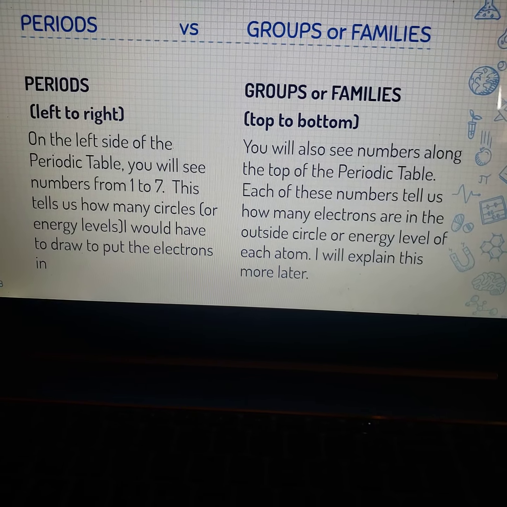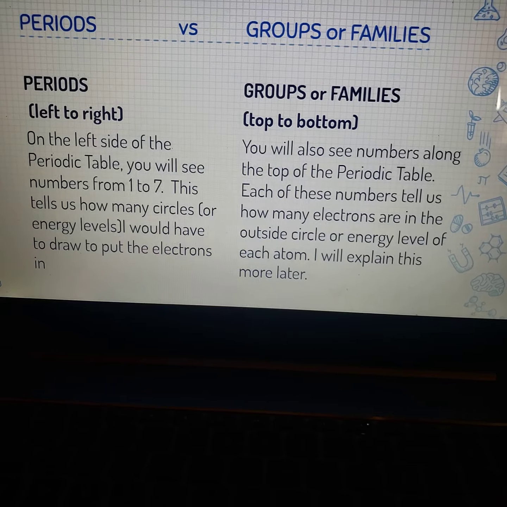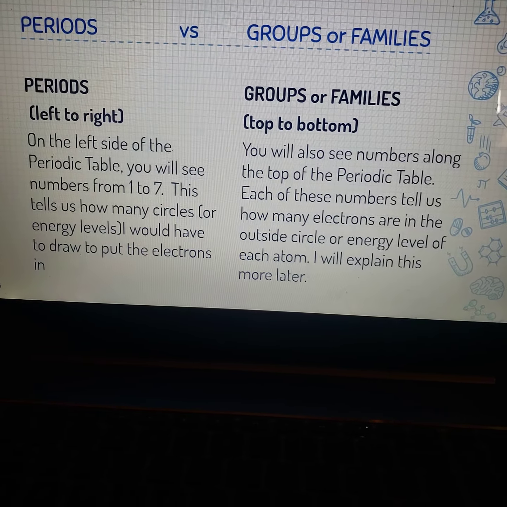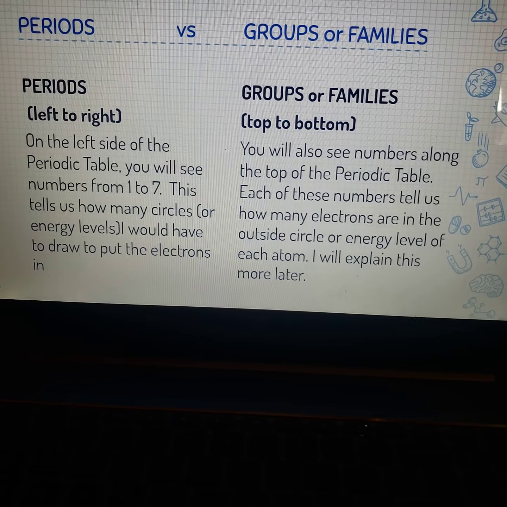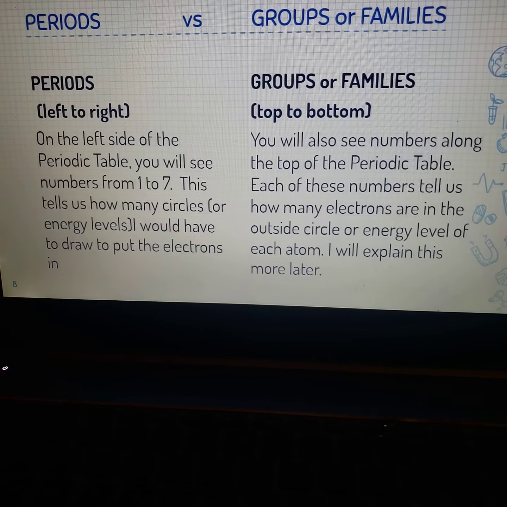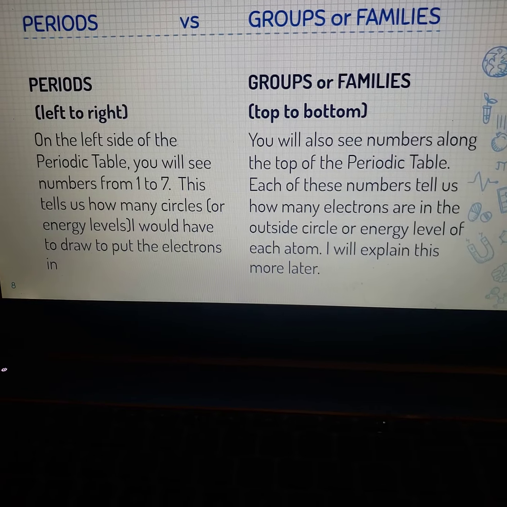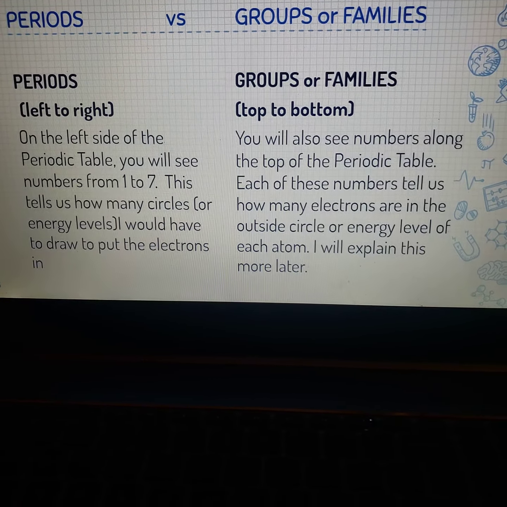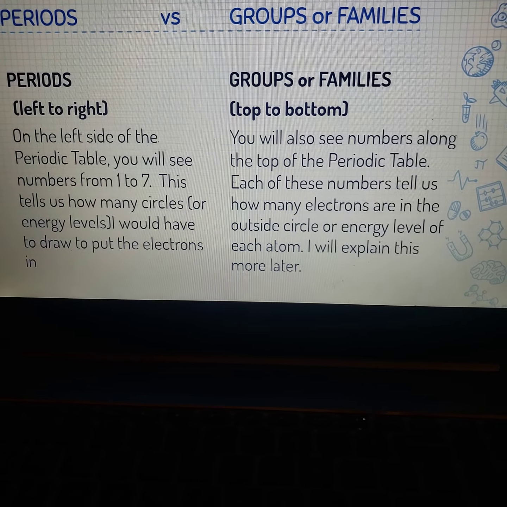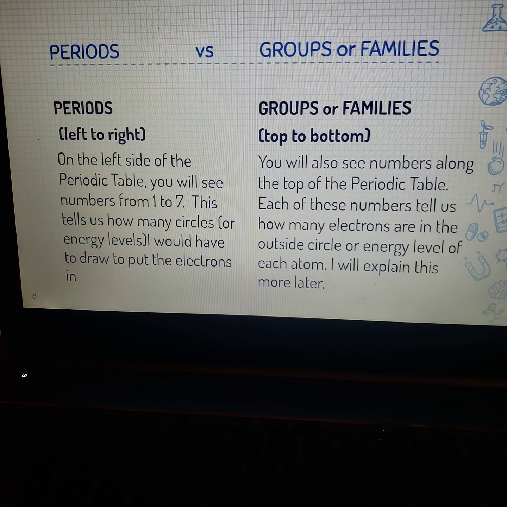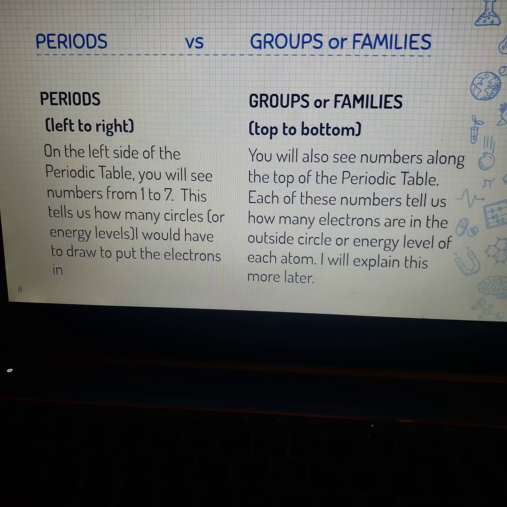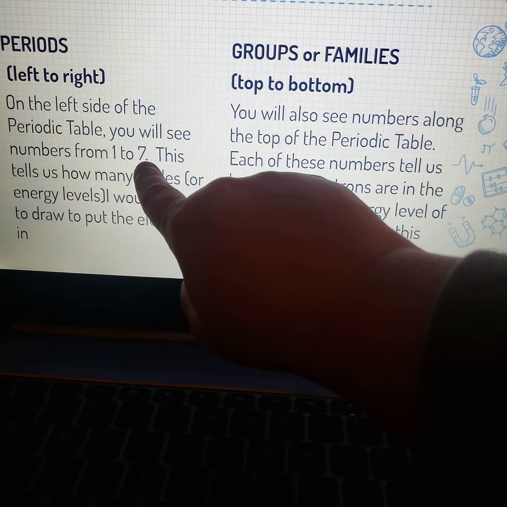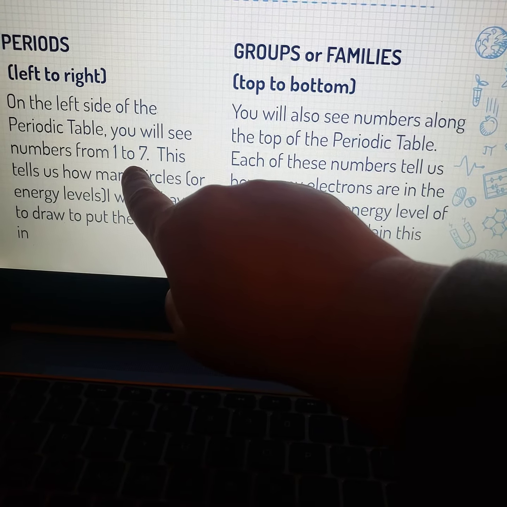Well, when you get into chemistry later on, it'll tell you how many circles or energy levels you have to draw to put the electrons in. Do you remember when we drew the example of the elements, and we drew a middle circle that had protons and neutrons, and then we drew other circles that had the electrons on the outside? Well, this tells you how many circles we have to draw outside of the nucleus.